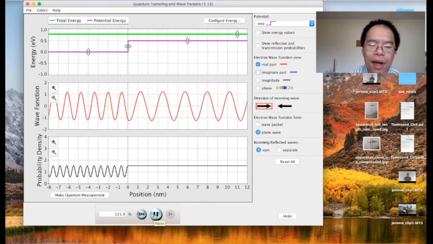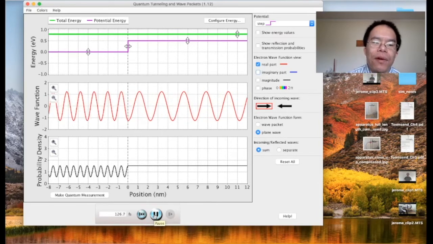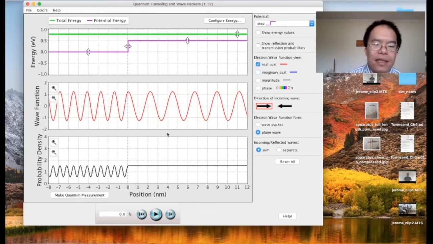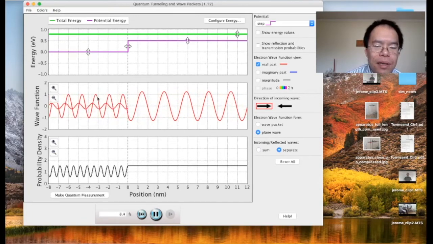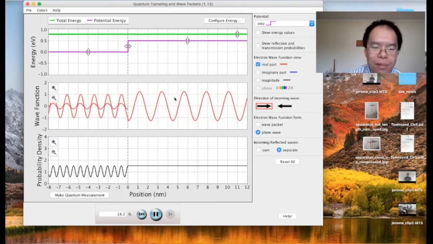When we analyze this mathematically on Friday, we'll focus more on the behavior at t equals 0, right here, and figuring out how to analyze what's going on. But now let me just play this for you again. This time I want to show you how you can separate the waves into a part that's incident, transmitted over here, and then reflected over there.